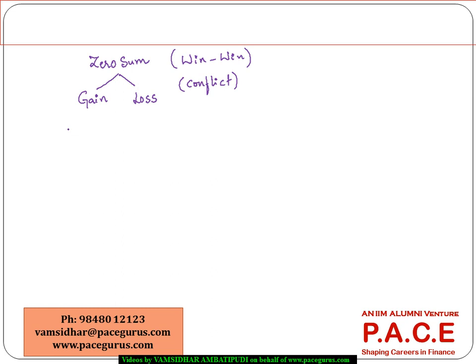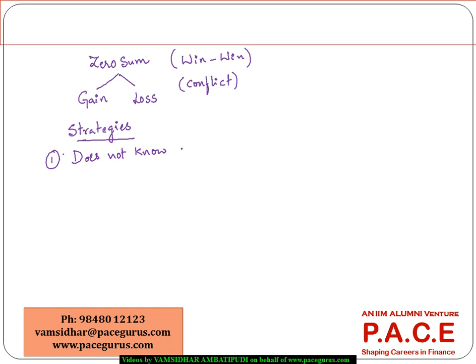Now here, the whole process is about choosing different kinds of strategies. And as a part of the game theory, some of the main assumptions are that any player, while he is choosing his own strategy, does not know the strategy of the other.